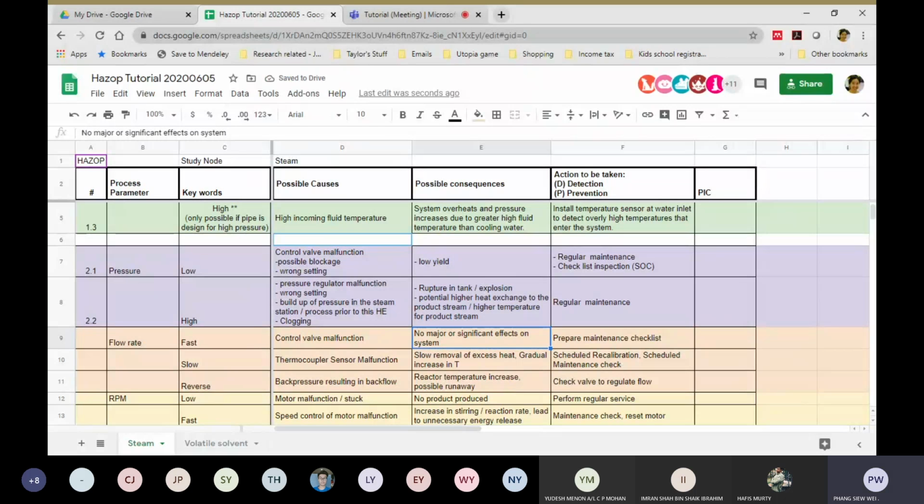Okay, so now this one, beside regular maintenance, we need to do something. The first one I can think of is what we talked about in chapter 2 or chapter 3, after chapter 3: relief system.